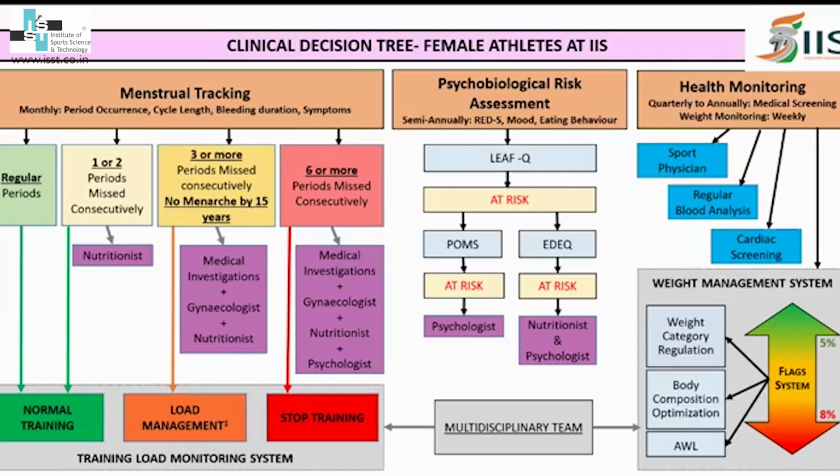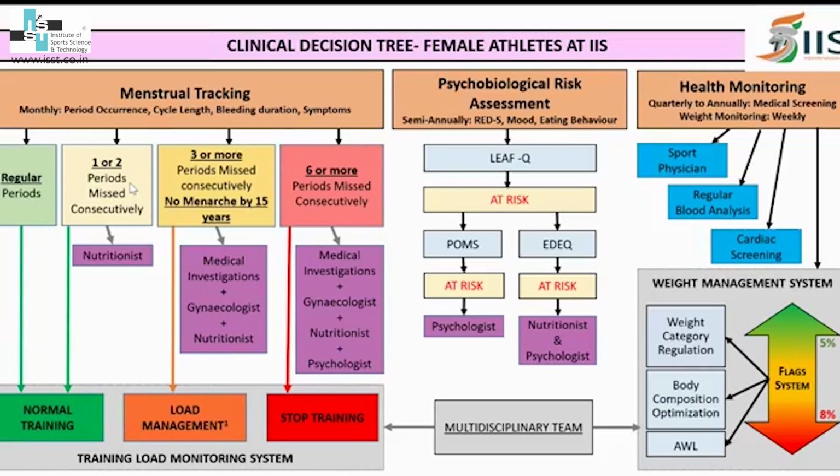So for example, if an athlete is falling into a green category, that means she is getting her normal periods every month, there's no problem, and she's eating adequately, then the training in that case would continue as normal, and the athlete will not be pulled out from the training.